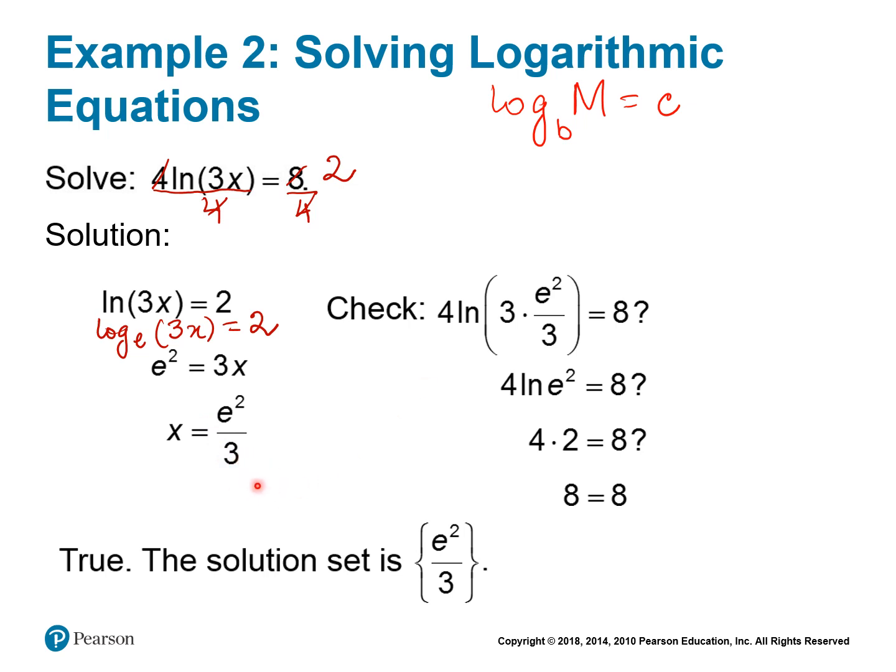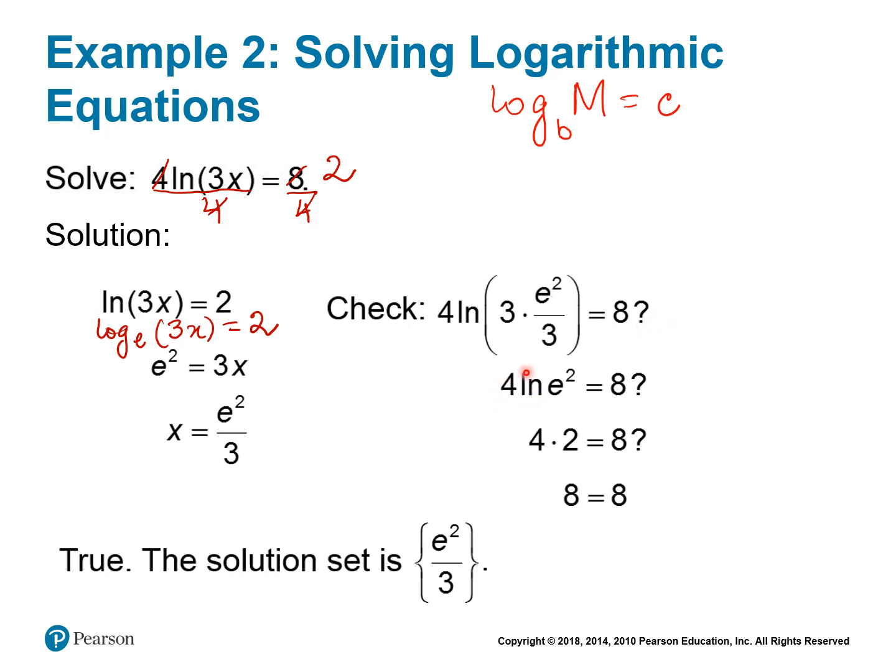So the final step is now to check if when we plug in e squared divided by 3 into x in the original equation, then we should come up with a positive value. So 4 times ln of 3 times, they substituted e squared divided by 3 into x. Is it equal to 8 or not?